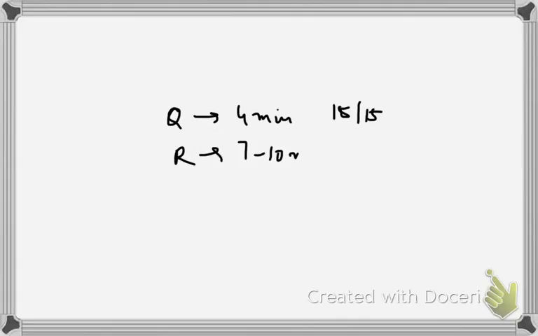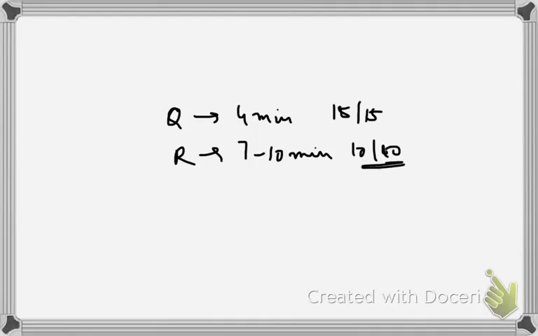So with this we come to the end of the video. In the whole video I would like to summarize that your quant section could have been done in 4 minutes with 15 out of 15 questions, and your reasoning section could have been done easily in 7 to 10 minutes. With good practice one would have been able to do it within 7 minutes, and it would have been 10 out of 10 easily.